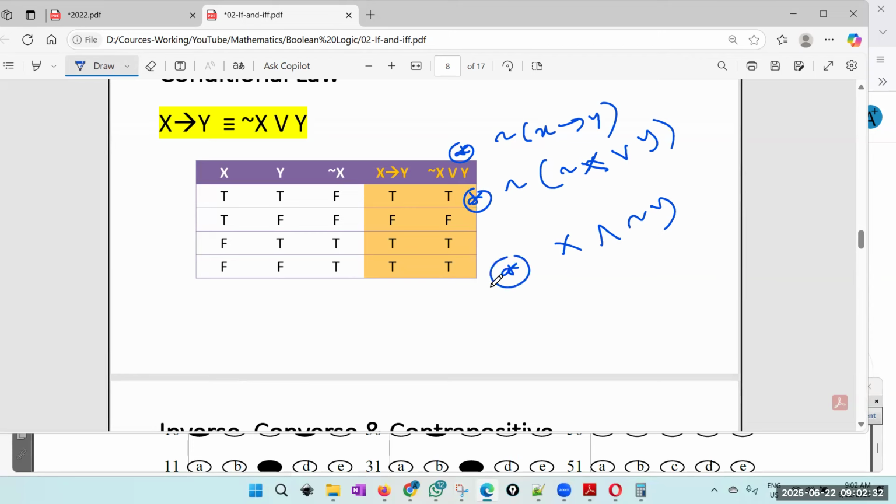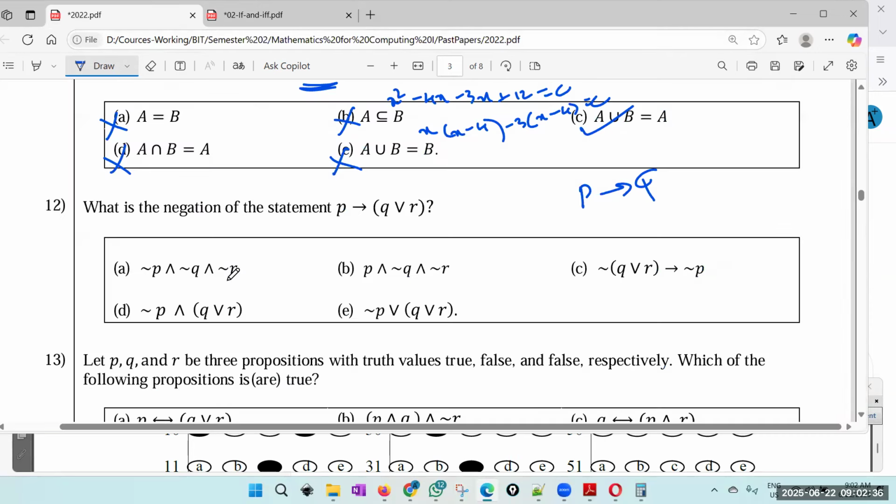Now shall we look at the answers there? You don't have the not (X implies Y) anywhere. This is now Q implies R. So therefore, let's write it for this statement.